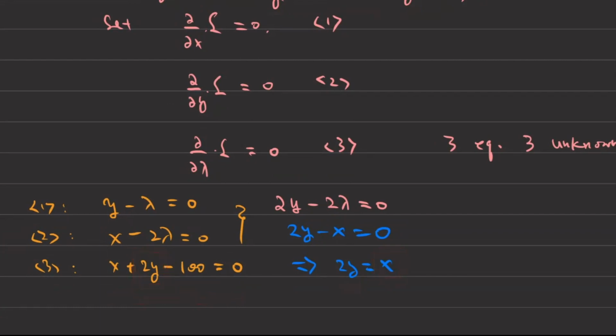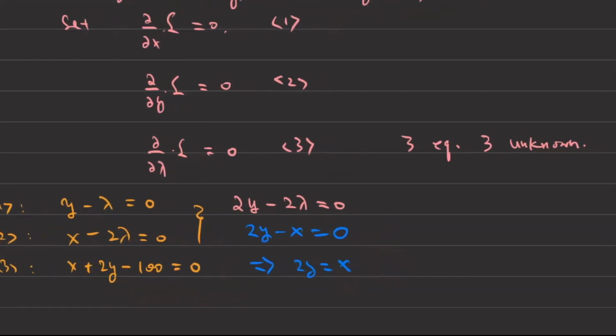So we can kill off one more variable. If you plug that in, x plus 2y, but 2y is x, so we can rewrite this as x plus x. And let's not forget minus 100 equal to 0. Then you rearrange a little bit, and it turns out that 2x is 100. And that means x is solved for 50.